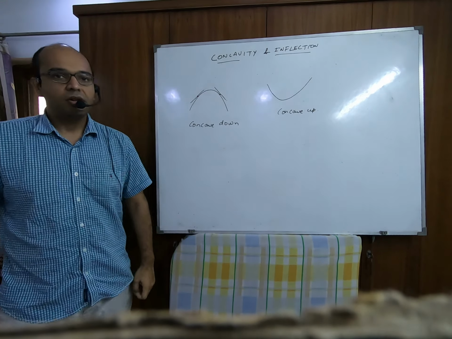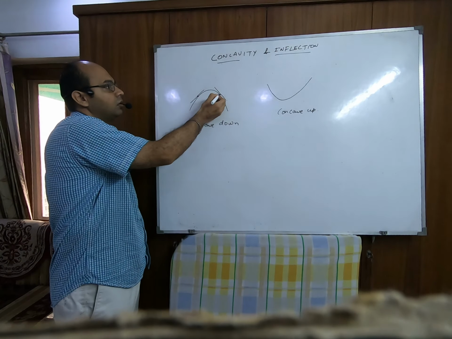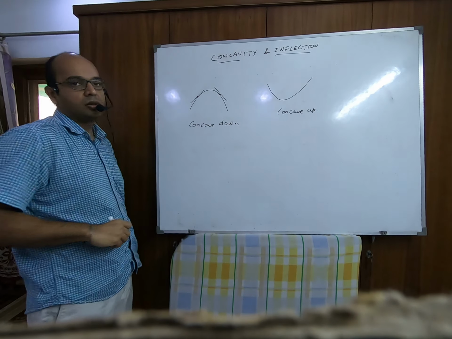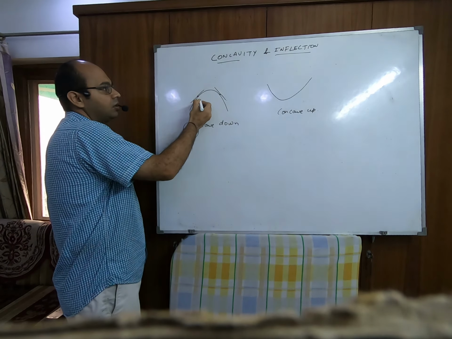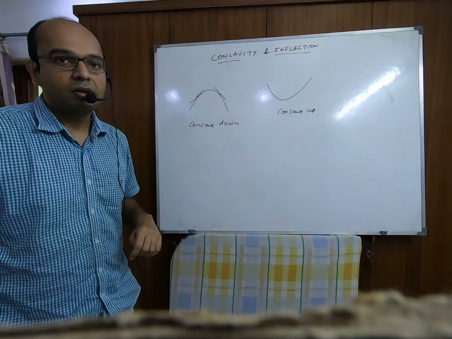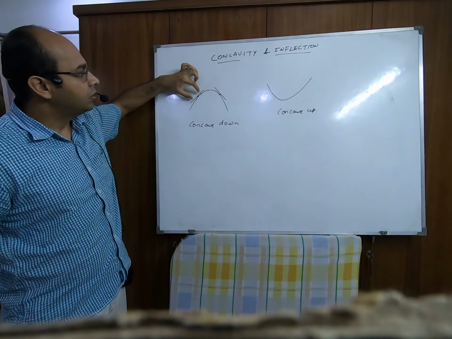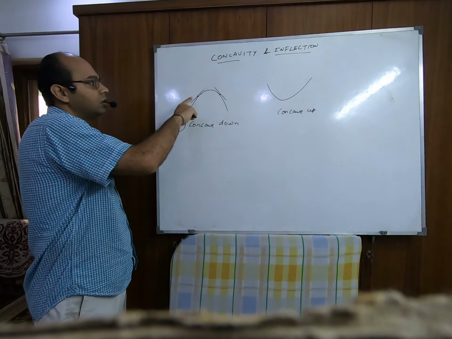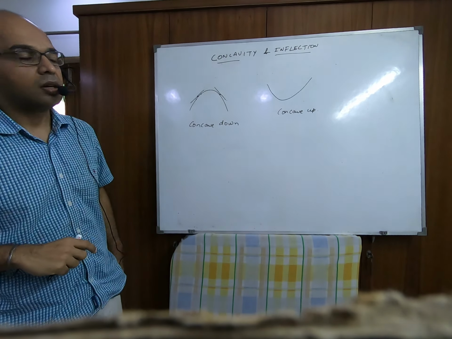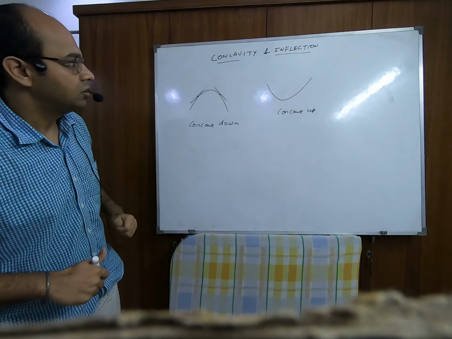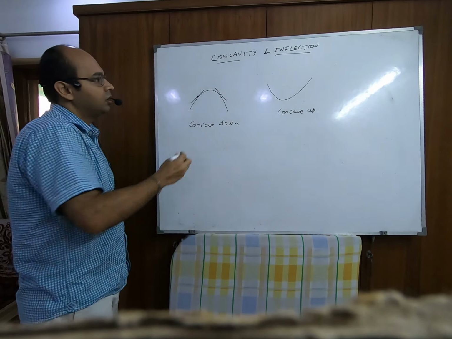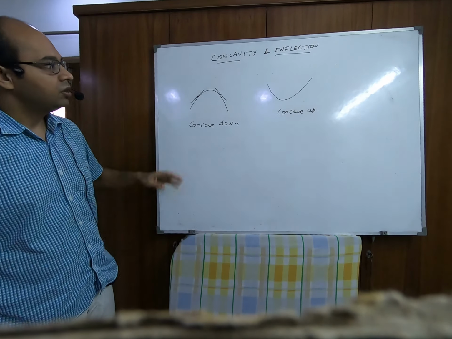We can see that if we draw a tangent to a concave down curve at any point, let us say this or this, the tangent line is always above the curve in the vicinity of the point. If I take immediate neighborhoods, the tangent line is the line that is above this curve. Similarly, here, the tangent line is always above the curve.